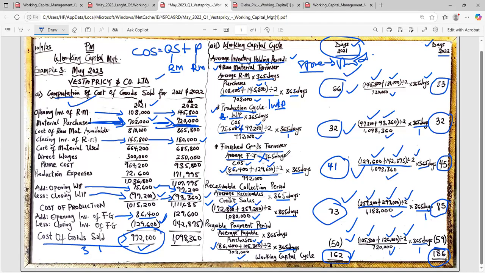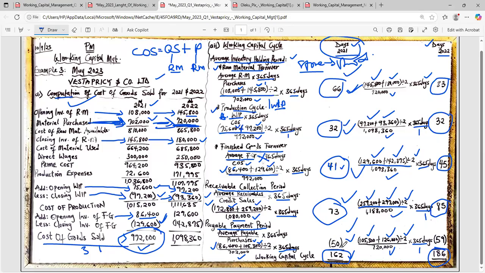How many days does this stay in your warehouse before you sell it? 41 days. This work in progress, how many days does this stay in the factory before it becomes finished goods? 32 days. This is 66. How many days does this stay as raw material? 66 days. Now, how do we advise management? For us to advise management, anything that is positive, we need to find a way to reduce it.